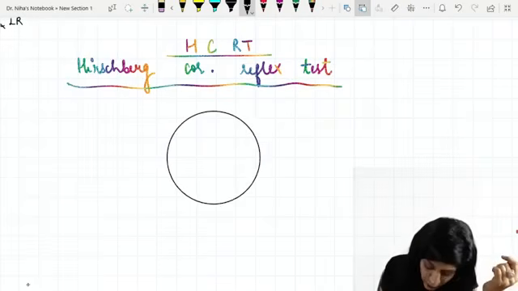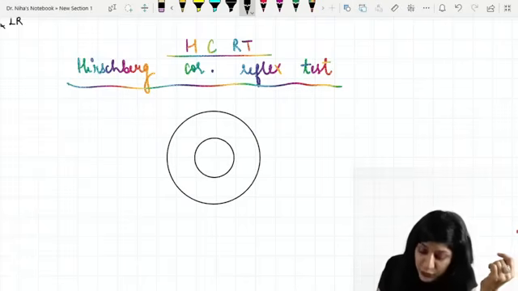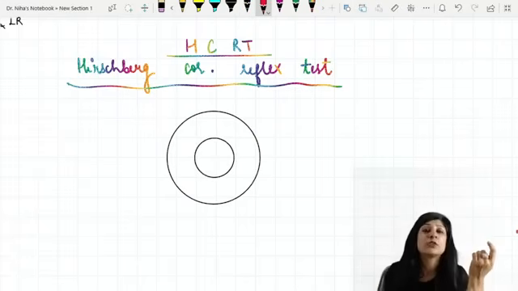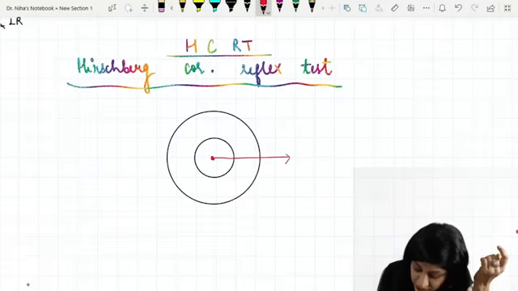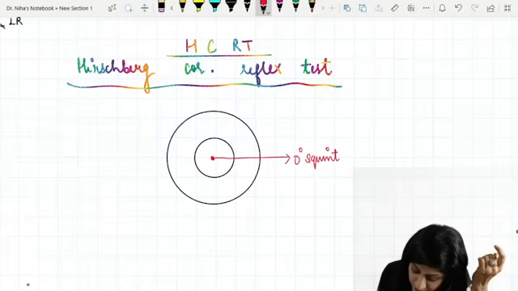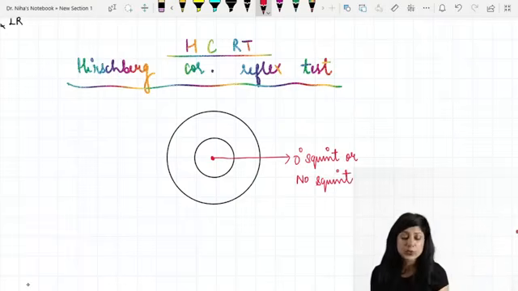Where you see the reflex will show the amount of squint. If you see the reflex exactly in the center, the patient has a 0 degree squint, or no squint.